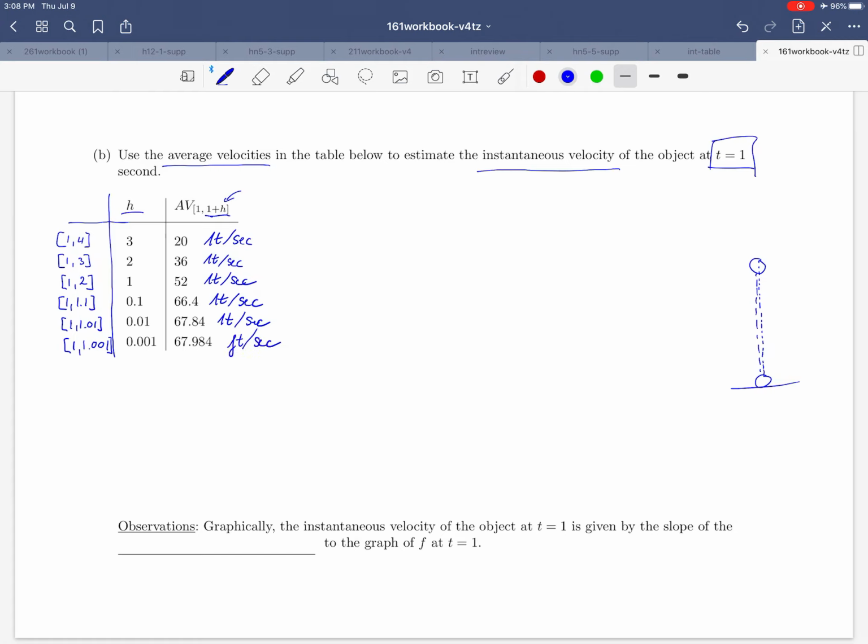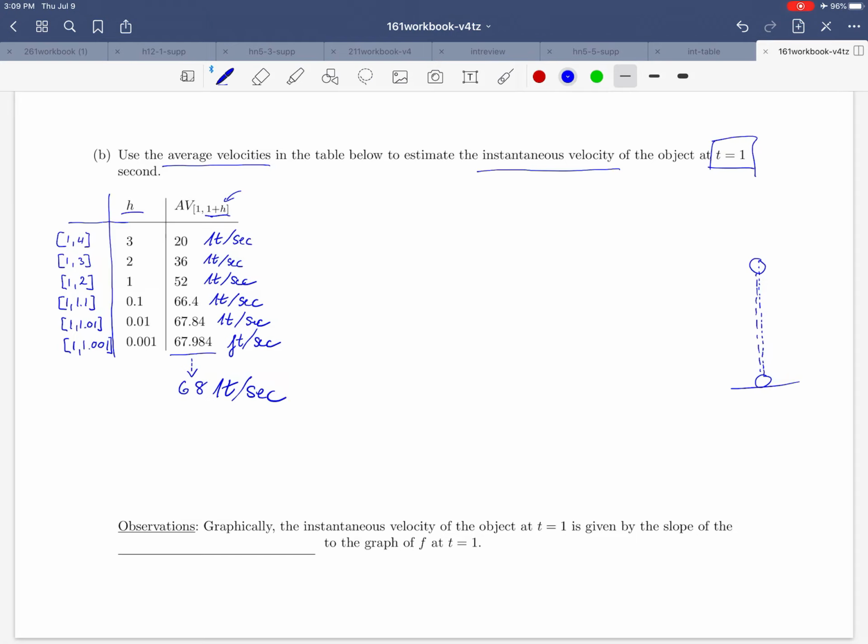We are looking at shorter and shorter time intervals, and our velocities seem to be approaching a number that's very close to 67.9 feet per second. Maybe if we kept going, we would get something that approaches 68. That would be my guess, that this approaches 68 feet per second. And we are really just looking at an instant in time now.